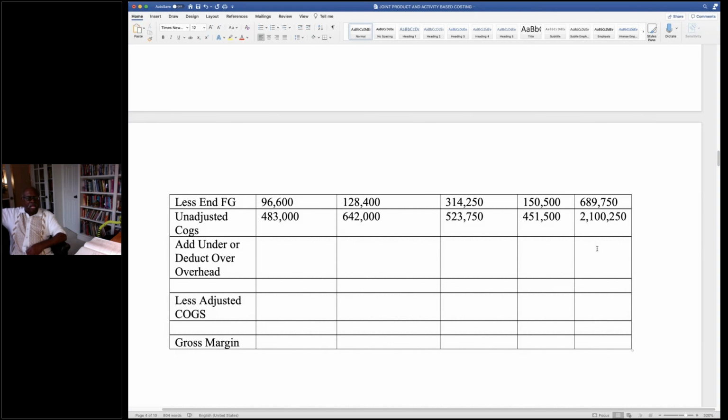So it was underapplied, so put the 10,000 there. Oh, we add 10,000 to the unadjusted cost of goods sold.